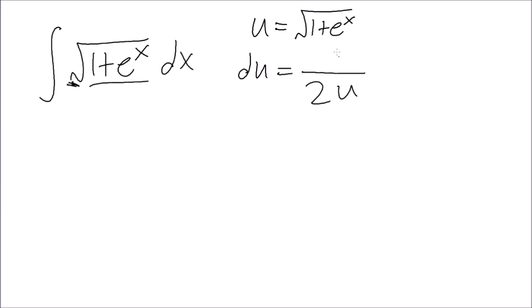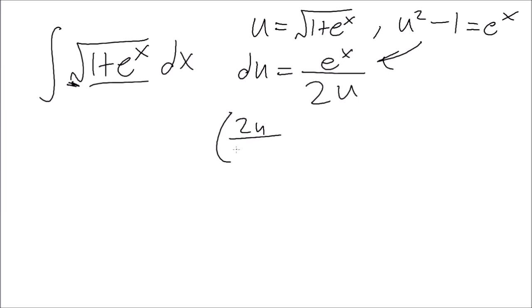And then we have e to the x here. Well, what is e to the x? That's no problem. e to the x is equal to u squared minus 1. So we just plug that in as well. So what we have is 2u over u squared minus 1 du equal to dx.